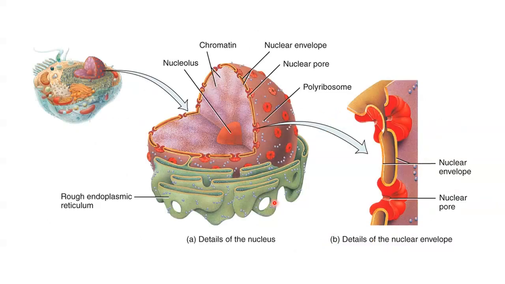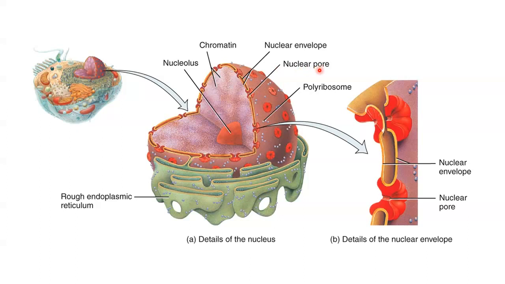So looking at some of those structures a little more closely, this whole structure here is our nucleus. It's surrounded by that double membrane, so you can see it's kind of got those two layers of our nuclear envelope. That outer layer is what then runs directly into our rough endoplasmic reticulum. These little holes here are what we call the nuclear pores.